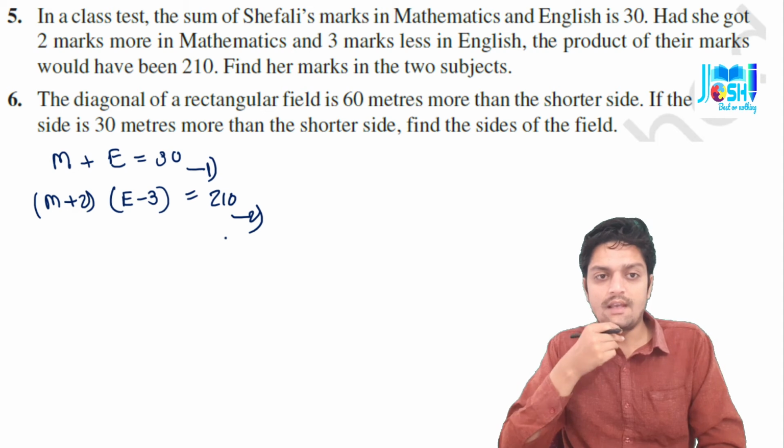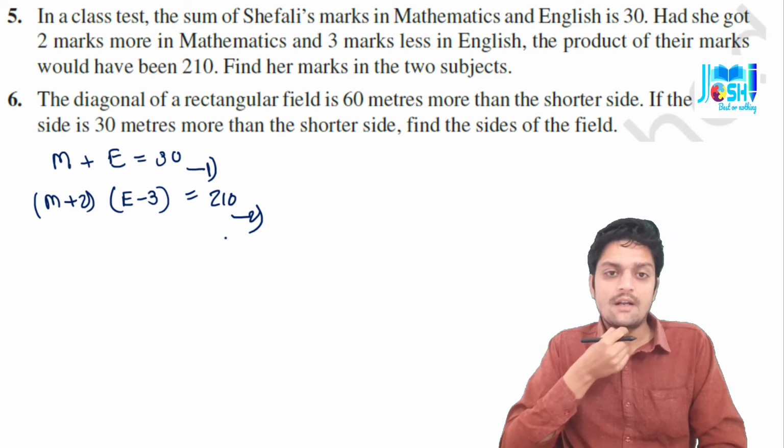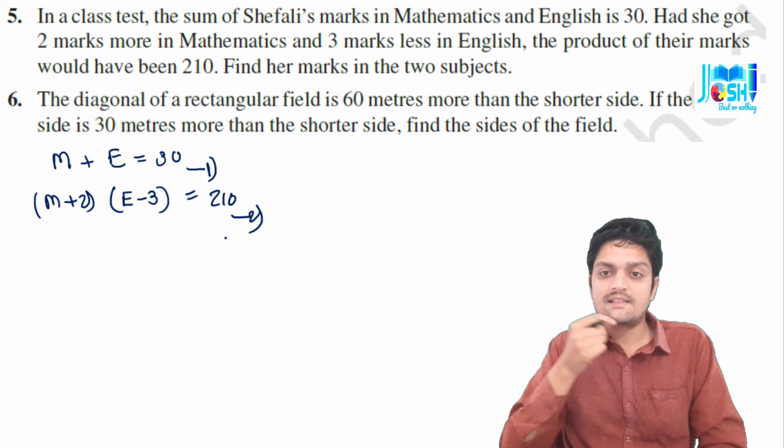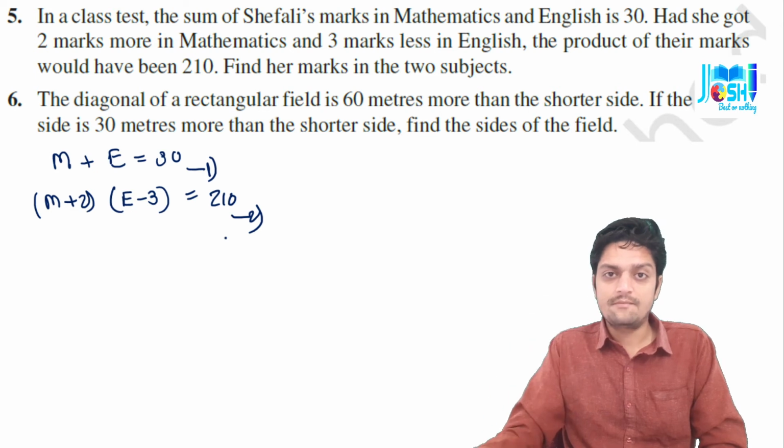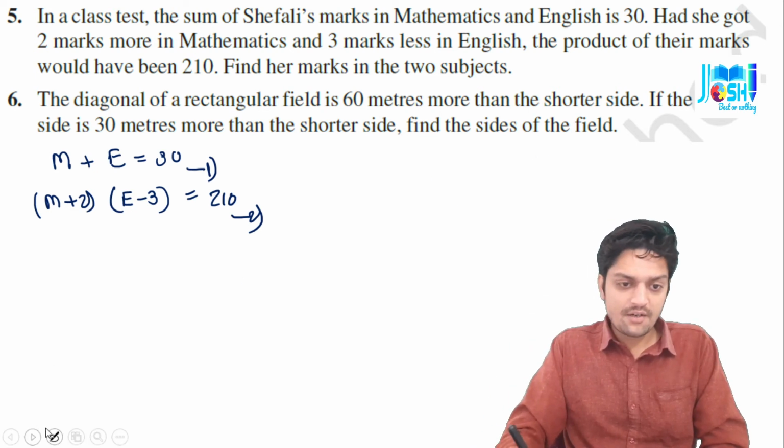Then now see sixth question. The diagonal of a rectangular field is 60 meter more than its shorter side. Again let me draw. This is the figure.